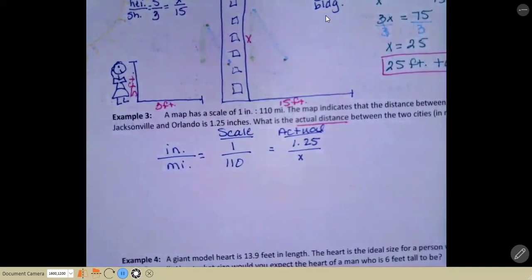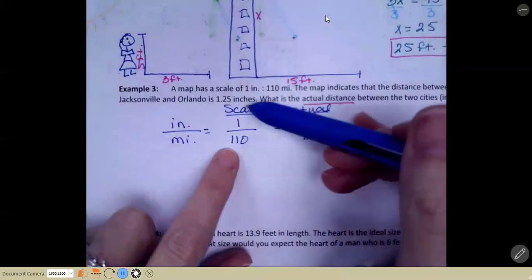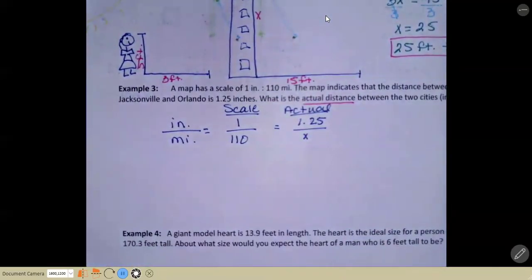Okay? Does that make sense, what I just did? I'm taking inches over miles on the scale and then inches over miles for the actual. Now go ahead and do your cross product property and figure that out.